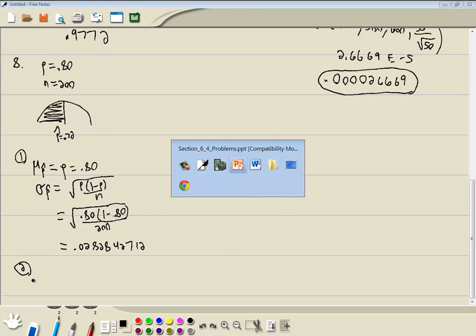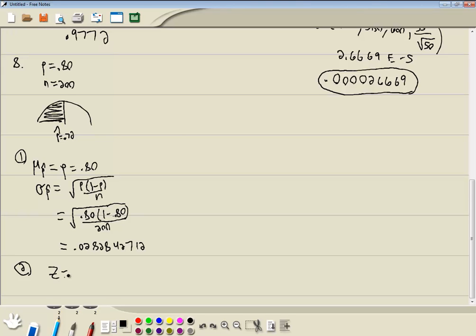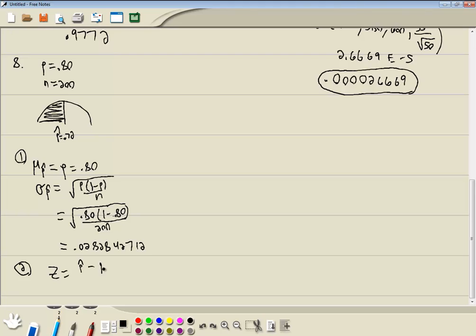Okay, step 2. Convert that to a z-score. So we got z is equal to p hat minus mu sub p hat over sigma sub p hat. Well, p hat is 0.72 minus mu sub p hat, which is 0.80, divided by sigma sub p hat, which is 0.02828422712.